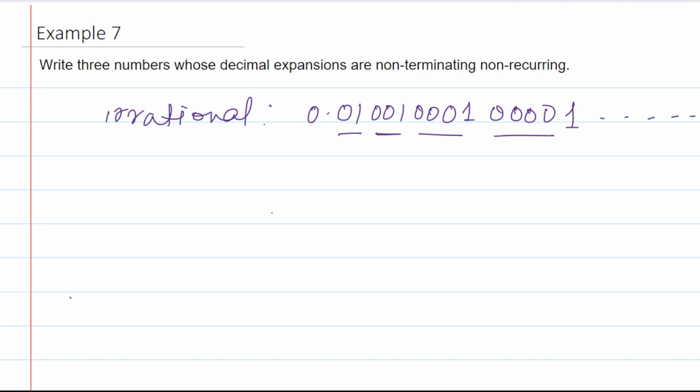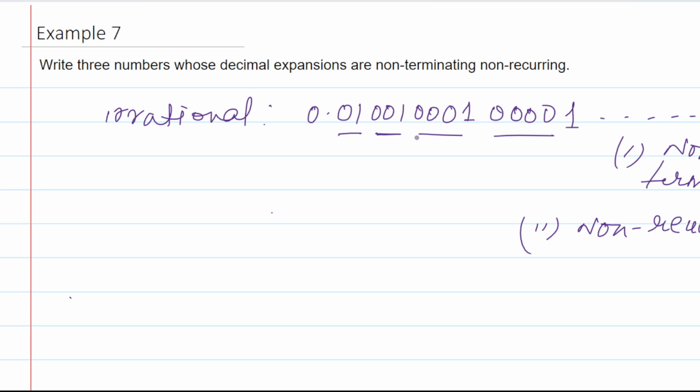Why am I writing this? Irrational numbers are actually non-terminating. See, these are not terminating, there is no ending. That is the first condition, non-terminating. The second is non-recurring. These are the two conditions required for any decimal expansion to be an irrational number.